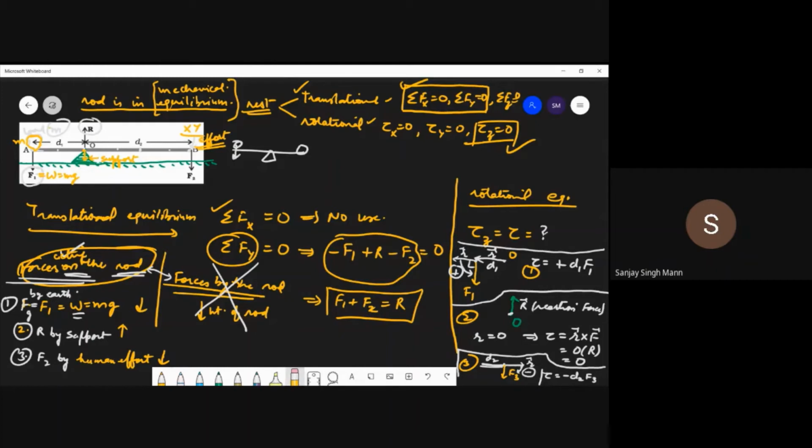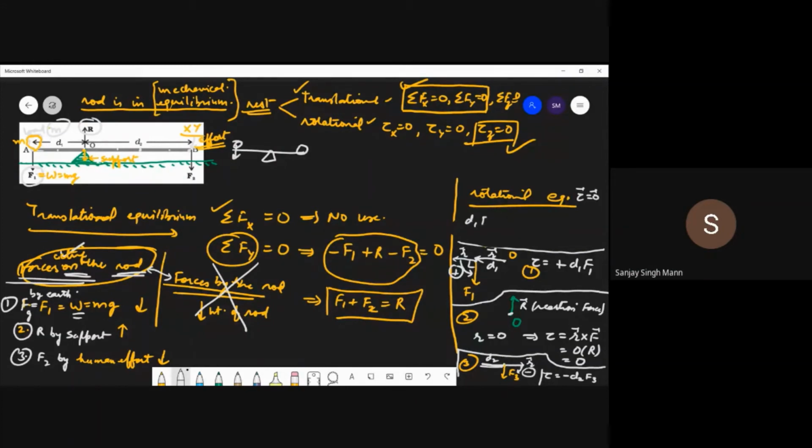Now rotational equilibrium. So the sum of all the torque will be 0. Rotational equilibrium means tau equals 0. So what is the torque here?